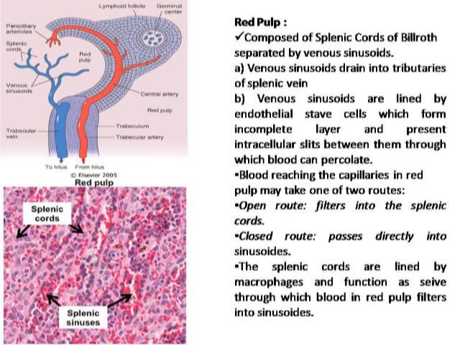The red pulp functions as a blood filter for various toxins, destroying them before they enter the systemic circulation and get the chance to spread throughout the body and damage other organs.